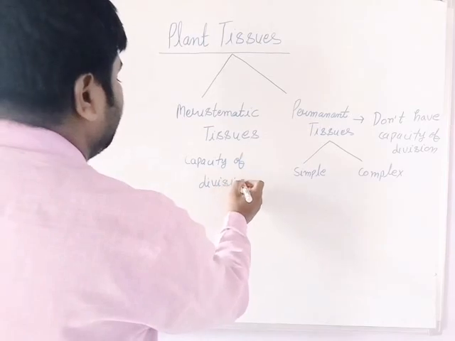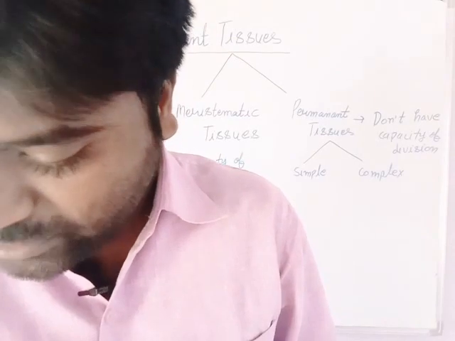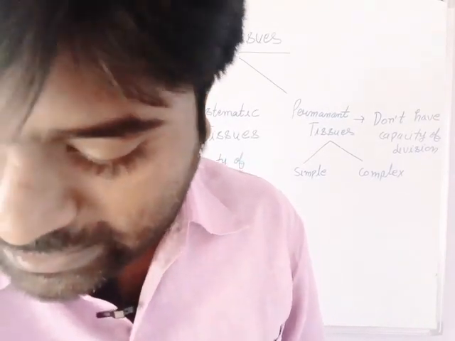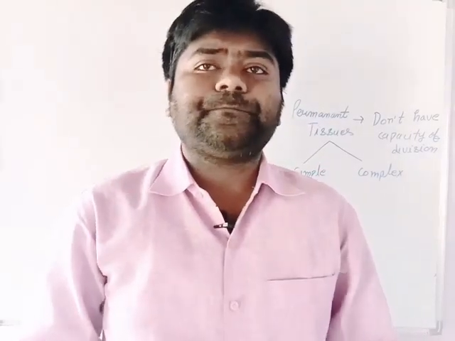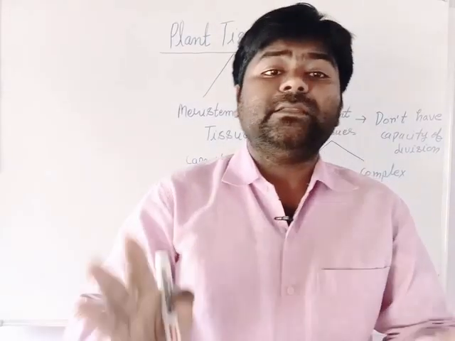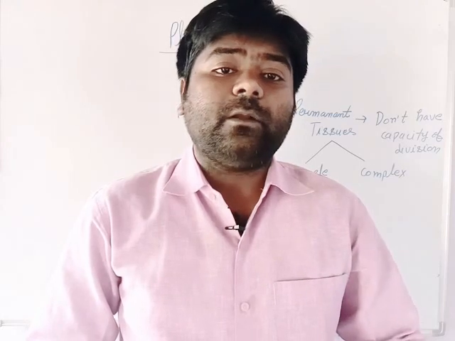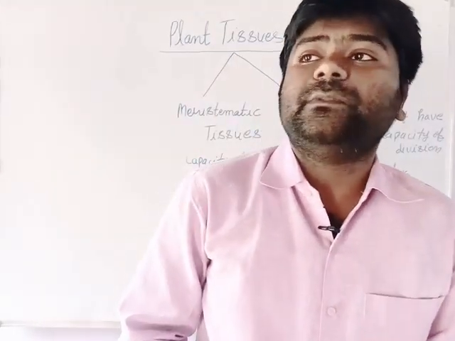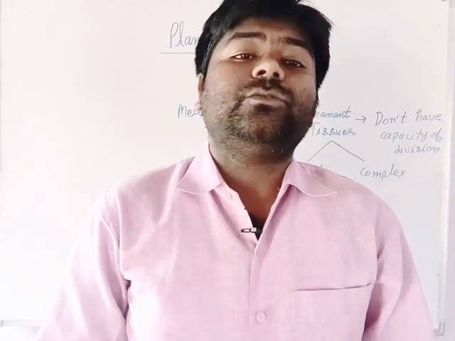Meristematic tissues have the capacity of division, and that is the reason they keep dividing and forming new cells, and the new cells make a group, forming tissue. These tissues are responsible for the formation of new parts of the plant. That's the reason plants are able to grow throughout life.